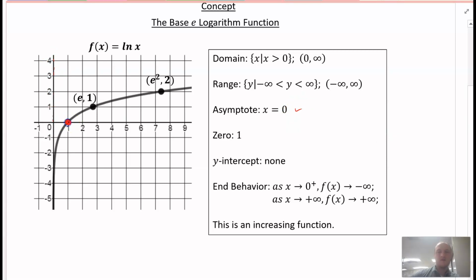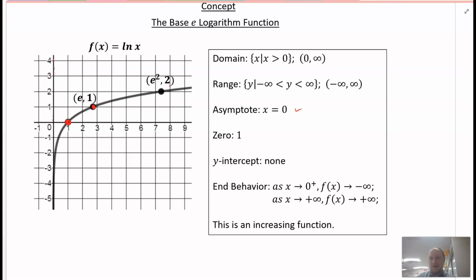So here is my 0. And then the next point, it's natural log, so I have to go over e, approximately 2.718, and I get my first point at 1. Second point is e squared, and I go up 2. So these are some of our parent functions that we'll be utilizing and graphing today.